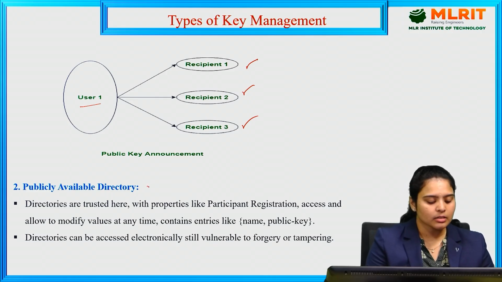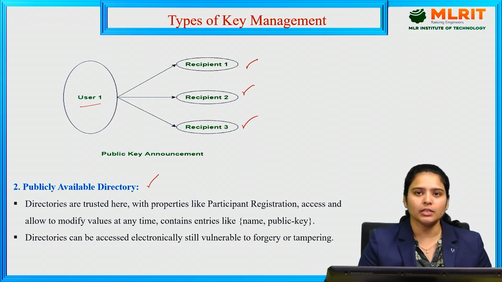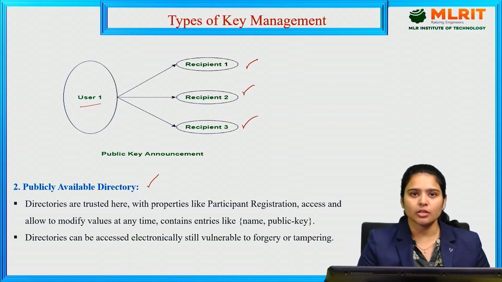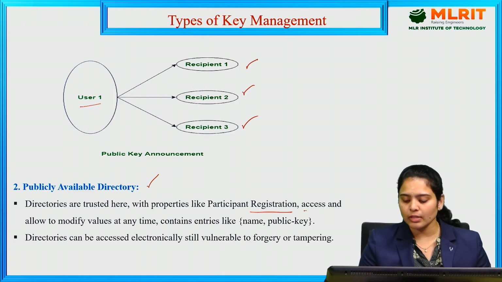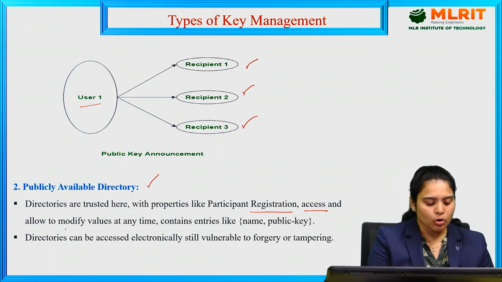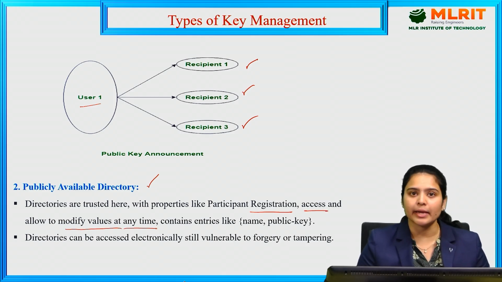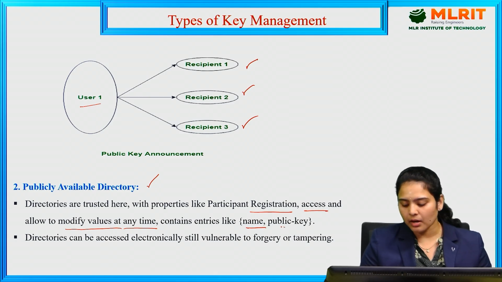The second one is the publicly available directory. In this directory, we are trusted with properties of the registration process and access, and are allowed to modify values at any time, meaning name and public key.